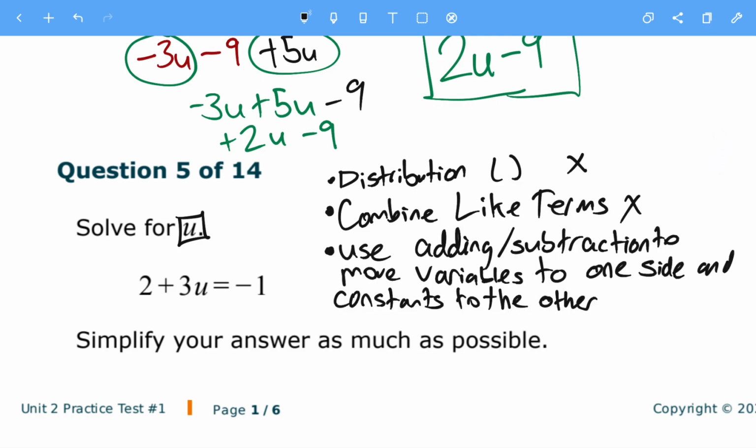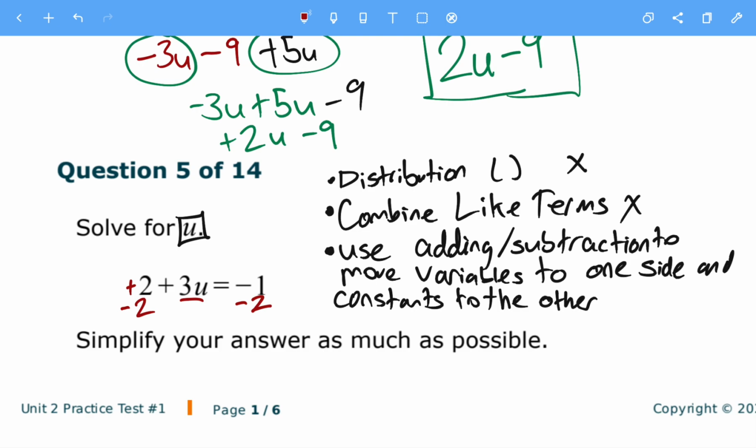Now we're going to use adding or subtraction to move variables to one side and constants to the other. I suggest keeping your variables on the left. So let's keep 3u where it's at, and we have to get rid of this 2 here. That is a positive 2, so I'm going to subtract 2 from both sides.